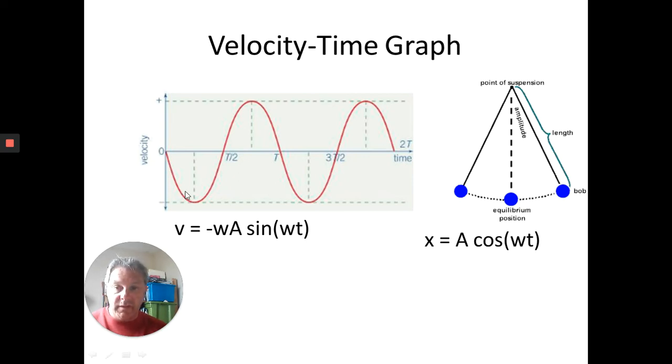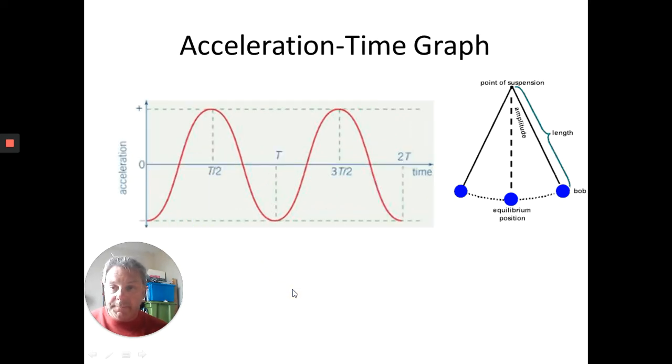So the negative, you can see it's a minus of the normal sine curve, and this omega a again scales this. So this point here would be minus omega a, here would be plus omega a.